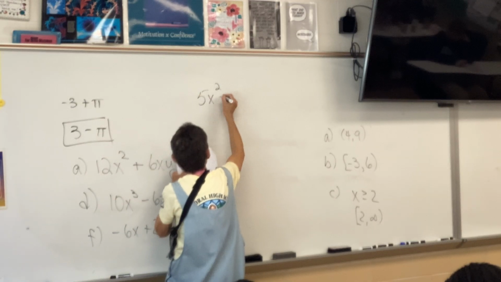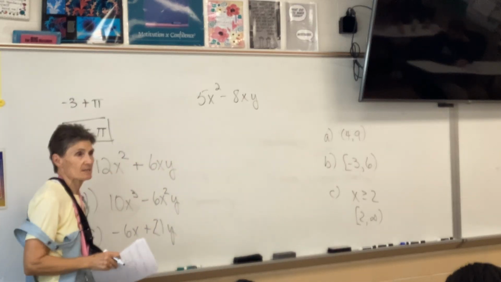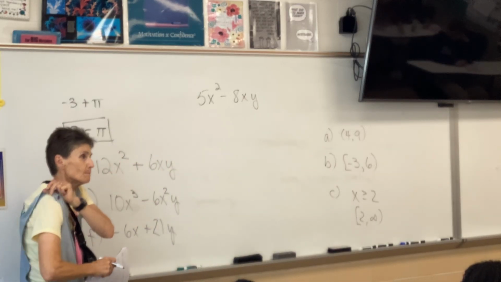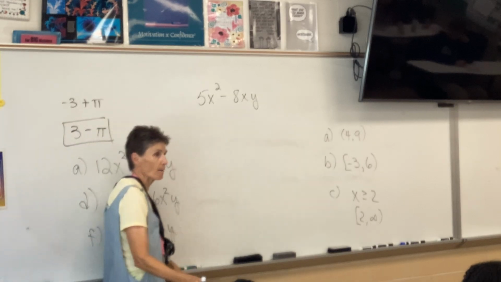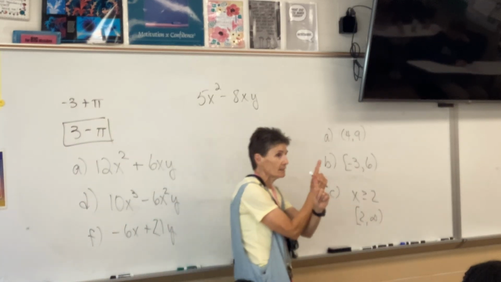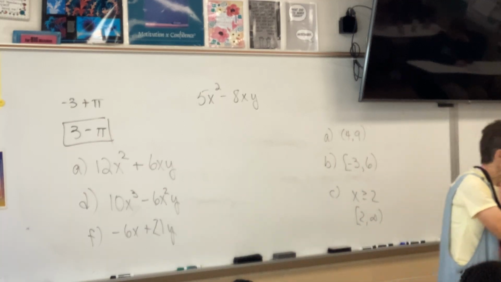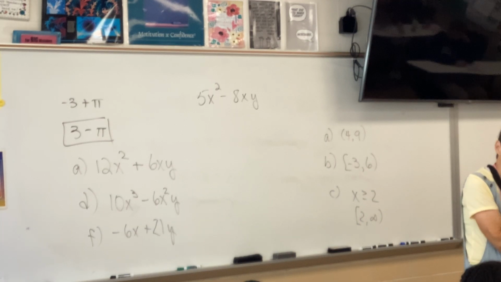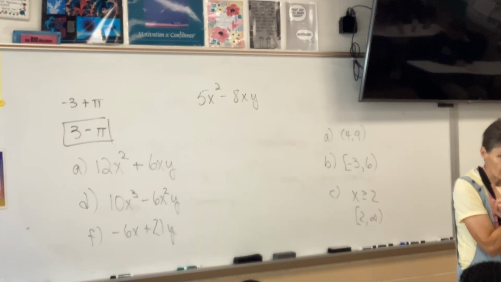Problem B doesn't look the same as these, right? But we can still do the distributive property. We're just going to do it in reverse. The backwards distributive property is called factoring. We're going to factor this.